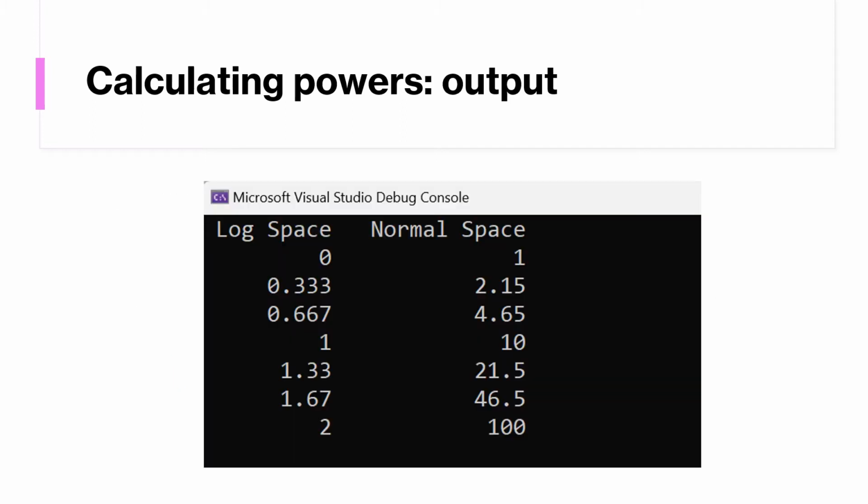So here's what our output looks like from this little program. In log space, we have 0, 0.333, 0.667, 1, 1.33, 1.67, 2. In normal space, we have 1, 2.15, 4.65, 10, 21.5, 46.5, 100.